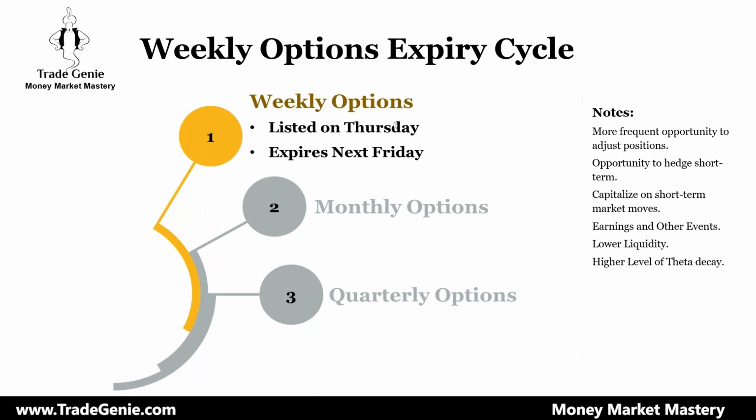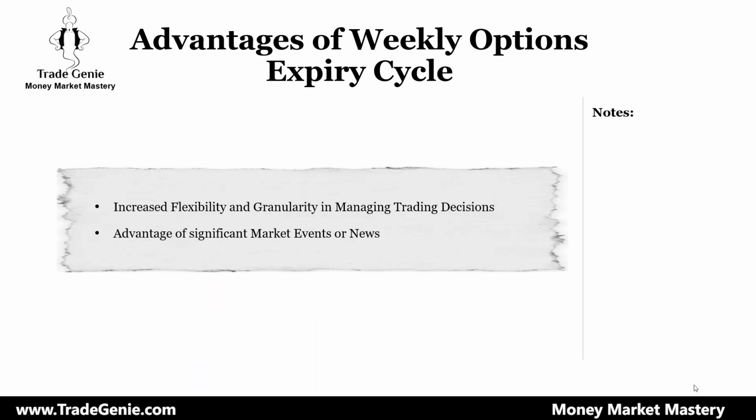So that's one strategy. Weekly options are again to hedge your portfolio short term, or to capitalize on a short term market move such as earnings, FOMC, etc. So that's weekly options. The advantages of weekly options are flexibility and granularity in managing trading decisions.